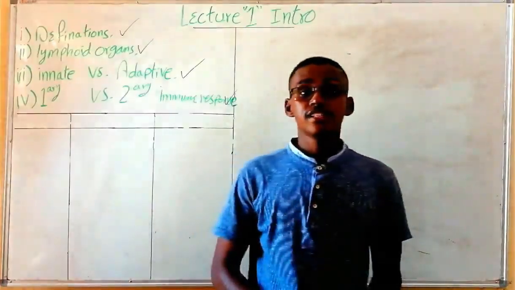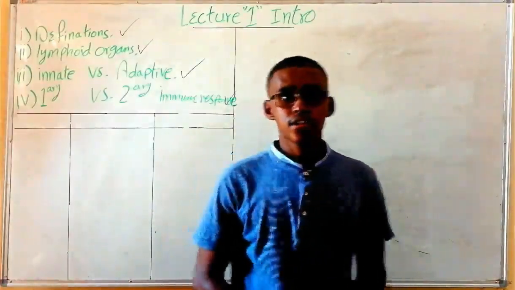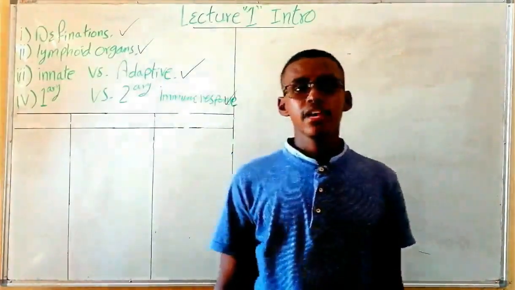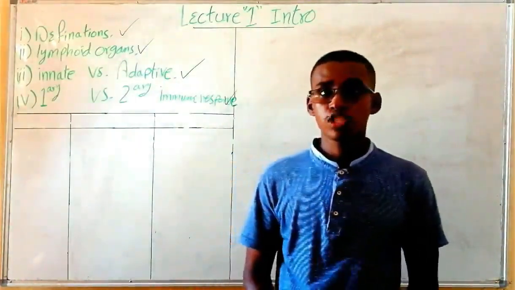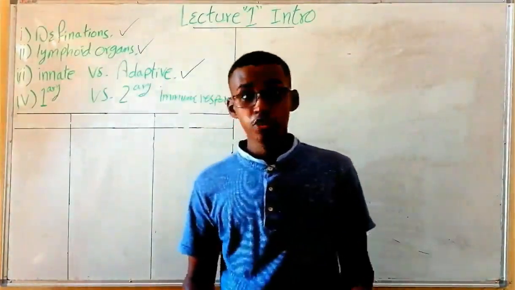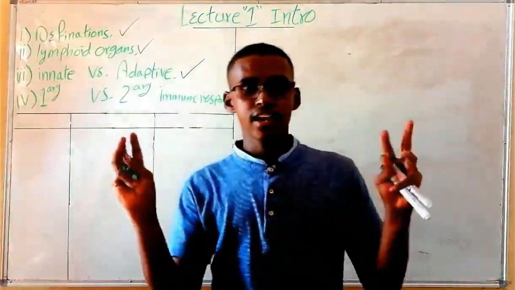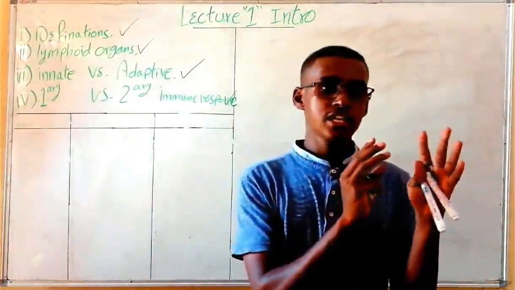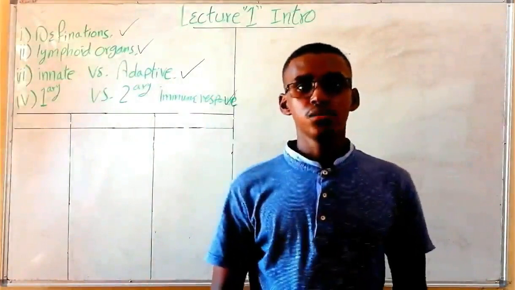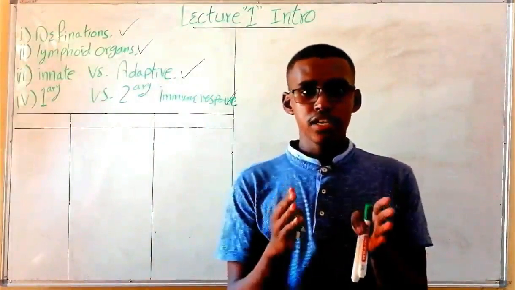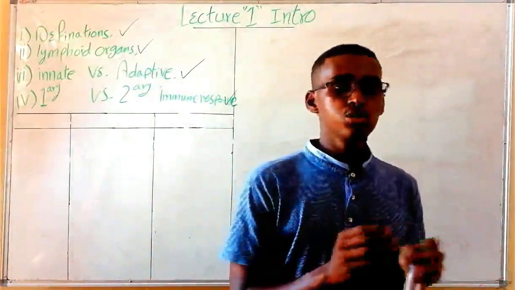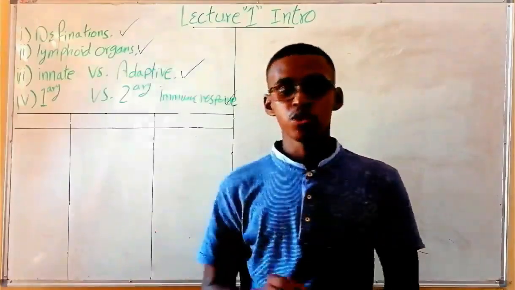Alright guys, let's finish up by taking the first subject, primary and secondary immune response. What's meant by immune response? Immune response is the body's reaction against an infectious agent or disease. So there is naturally an innate immune response and an adaptive immune response.